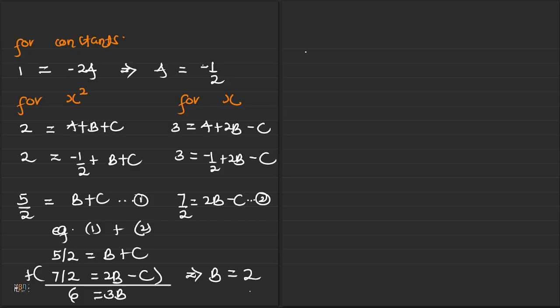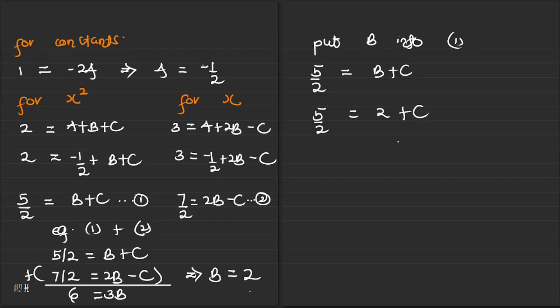So to solve for c, all we are going to say is put your b into, let's put it into equation 1. And we know equation 1 is what? 5 over 2, which is equal to b plus c. And we have our b to be 2. So we have 5 over 2 is equal to 2 plus c.